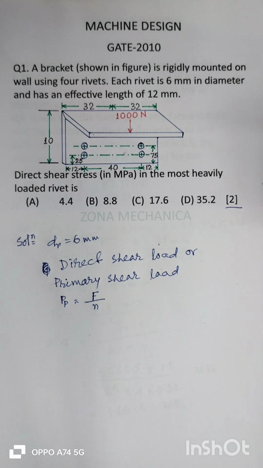But this is the trick, this is the special feature of GATE question. They will ask in such a way to test you whether you are getting confused. So don't get confused, simply proceed as you know.